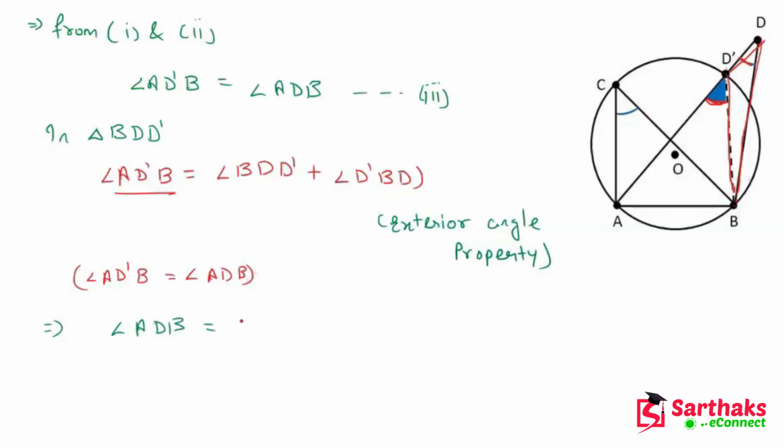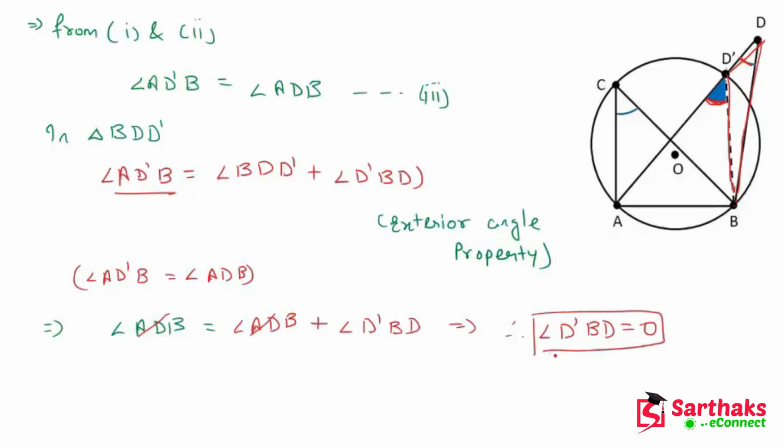So we can write angle ADB plus angle D dash BD. Now you can see this angle and this angle will cancel. So here we can write angle D dash BD is equal to 0.